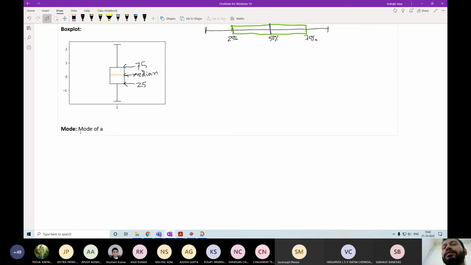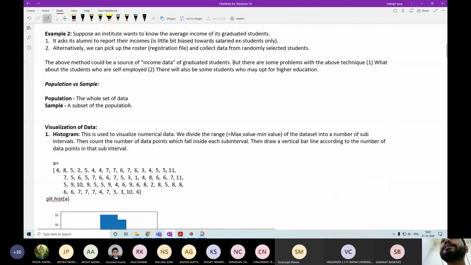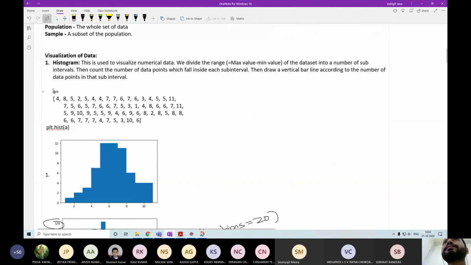The mode of a data set is the value which occurs most frequently. For example, let's go back to the previous day's data set actually. This one.